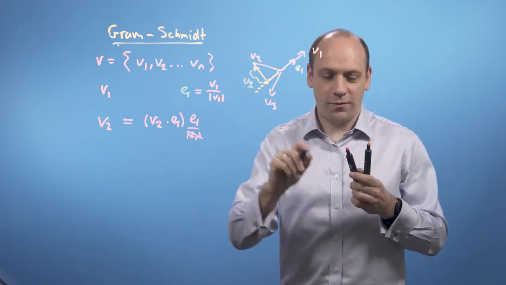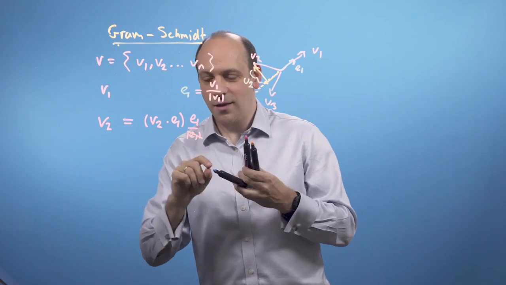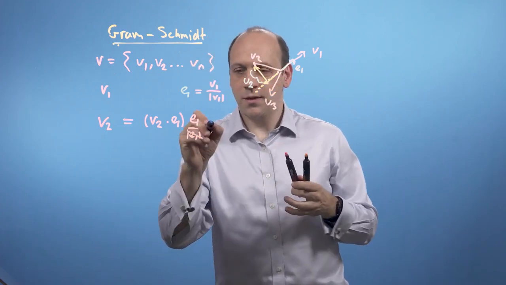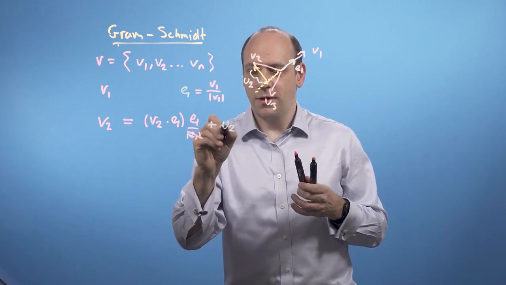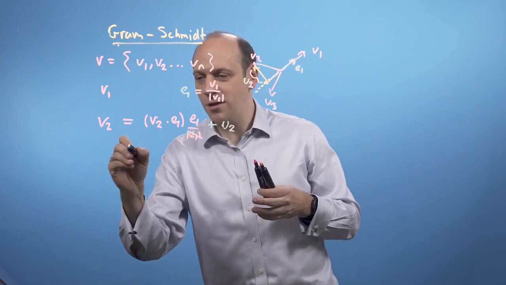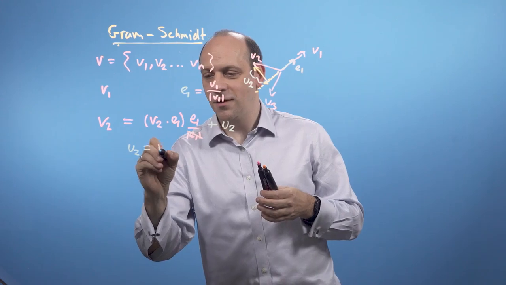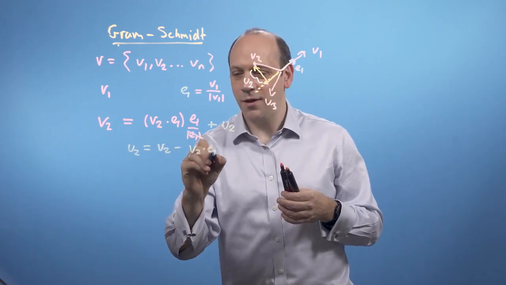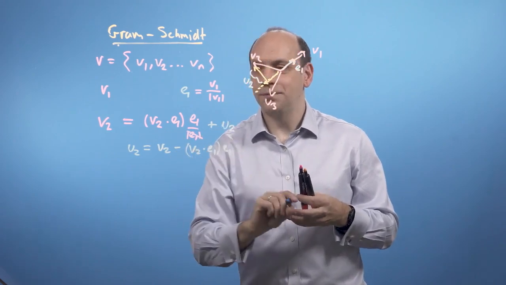So I can rearrange this and say that u2 is equal to v2 minus this projection, v2 dot E1 times E1.